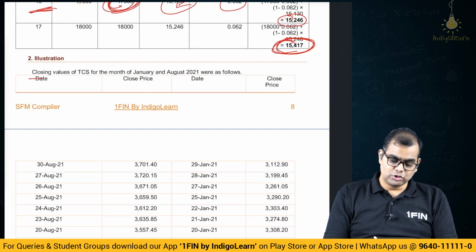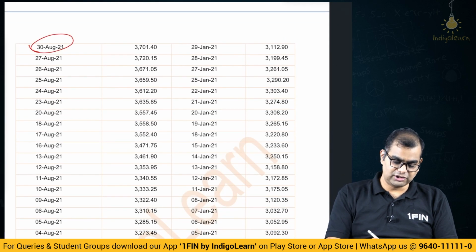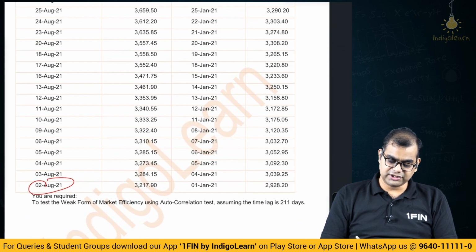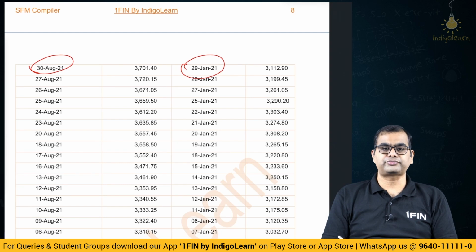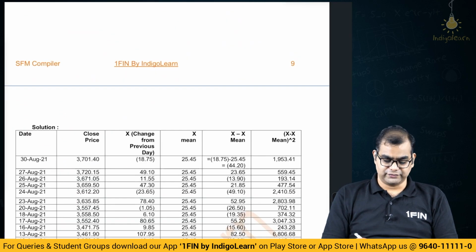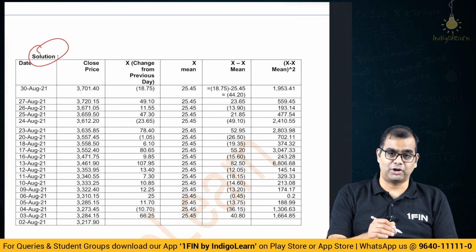This is the question. Closing values of TCS for the months of Jan and August 21 are as follows. So, you have a set of values from 2nd August to 30th August, then 1st Jan to 29th Jan. So, you have a set of days. How many days? 1, 2, 3, 4, 5, 6, 7, 8, 9, 10, 11, 12, 13, 14, 15, 16, 17, 18, 19. Okay. What you have to do, when you come to the solution, is first plot the data from bottom to top.